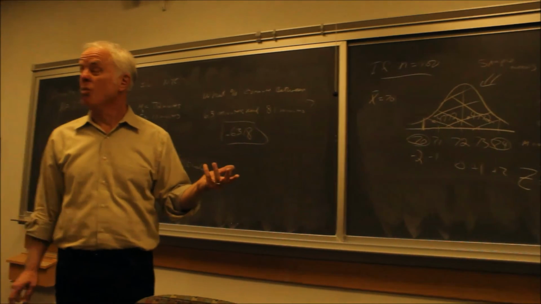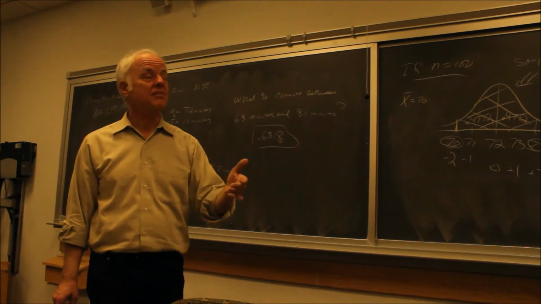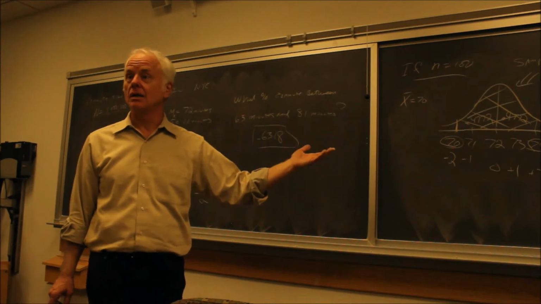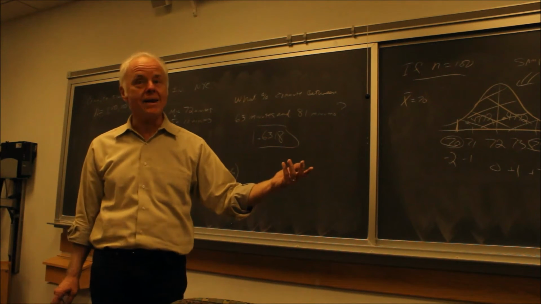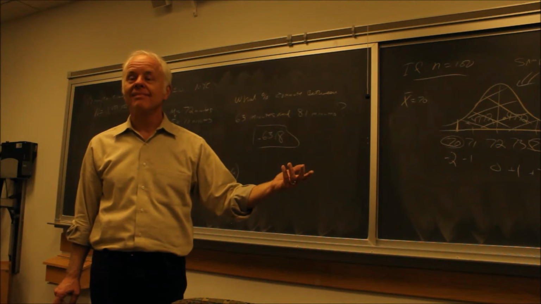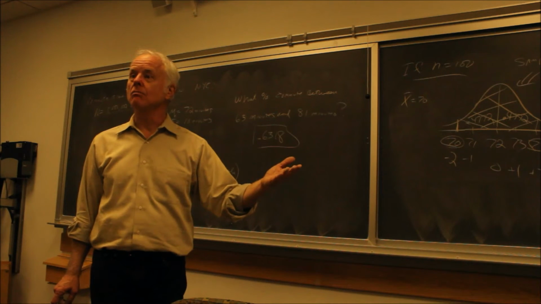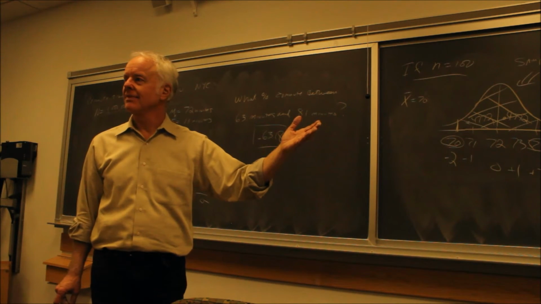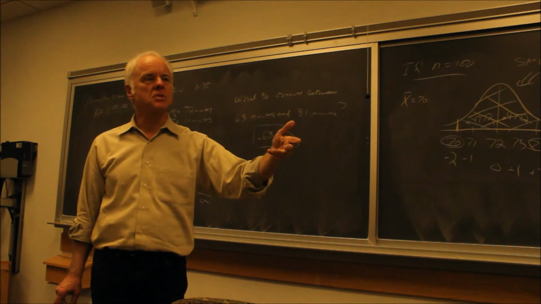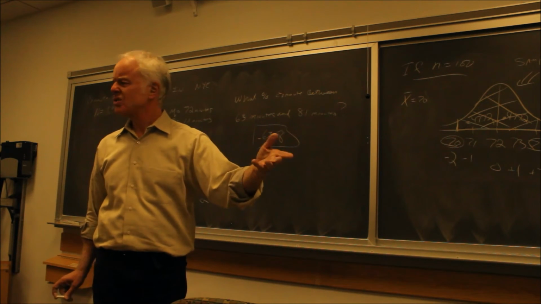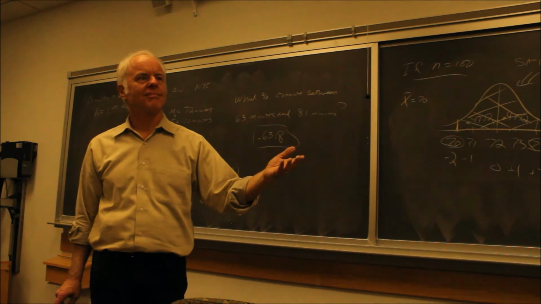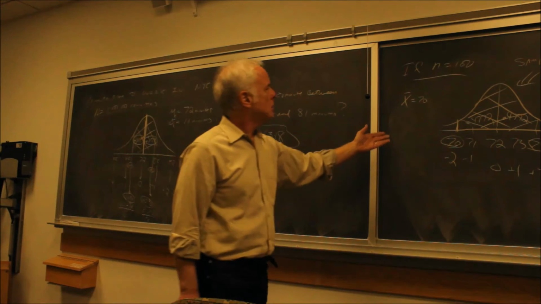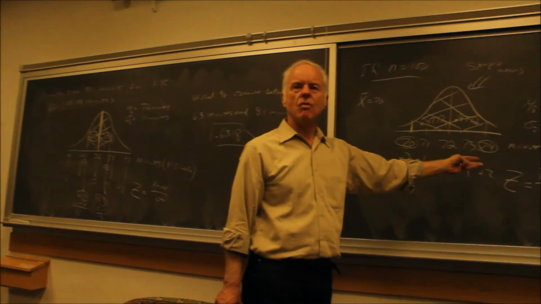It's 72 minutes. So even if you get a number of 70, not too bad. You only have to survey 100. You don't have to survey 3 million. Central limit theorem says you're going to do something pretty good with just 100. Somewhere between 70 and 74, 95%.